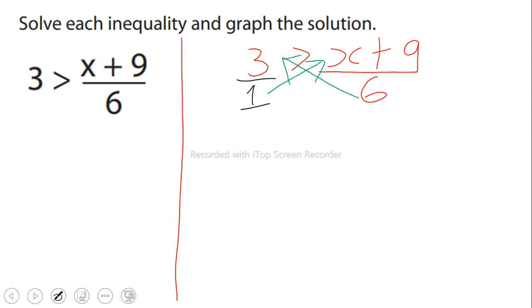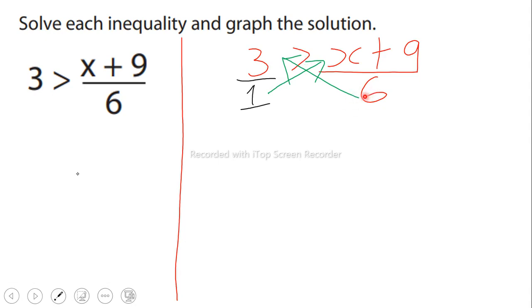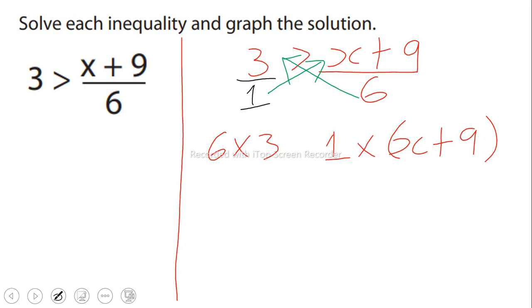When we do that, we're going to have 6 multiplied by 3, and then 1 multiplied by x plus 9, and it's still greater than.